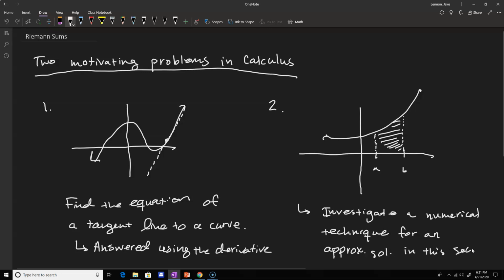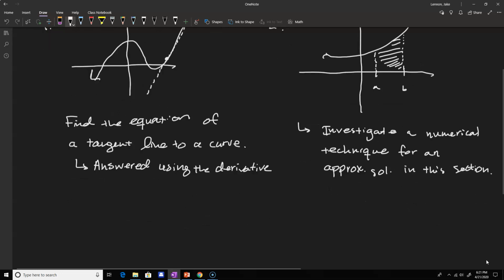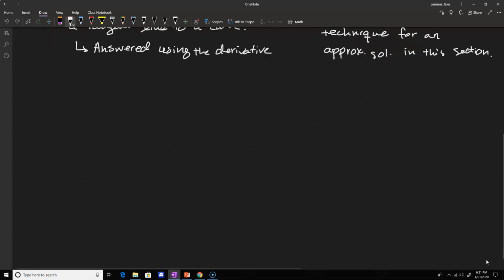And actually, this method is used theoretically as well, because if we put this method together with our notion of limits, then it will lead us to understanding the indefinite integral, the definite integral, and the connection to the derivative, which is known as the fundamental theorem of calculus. But anyway, let's just focus on that numerical method.